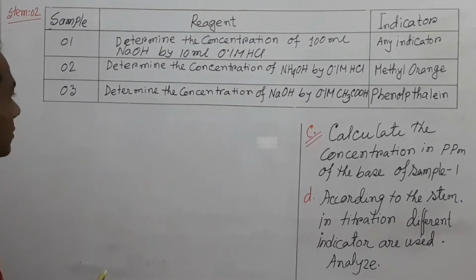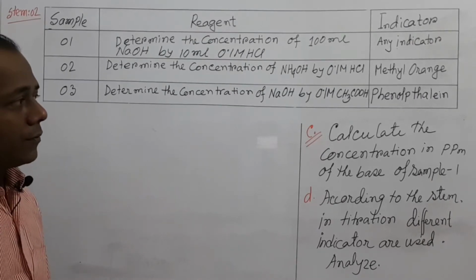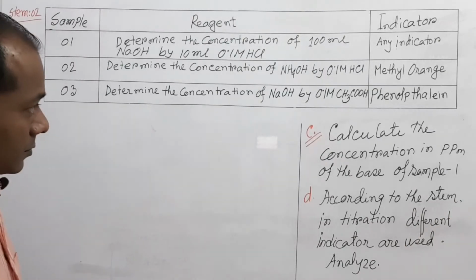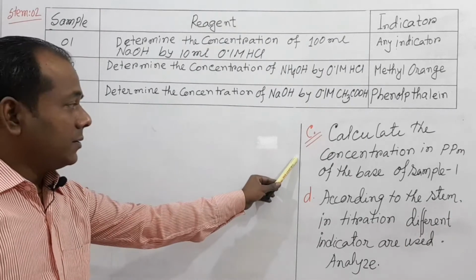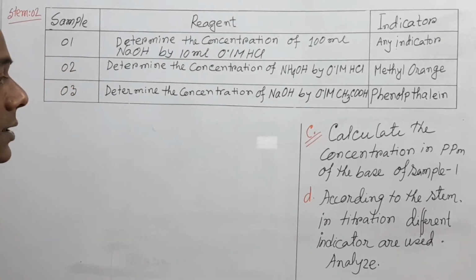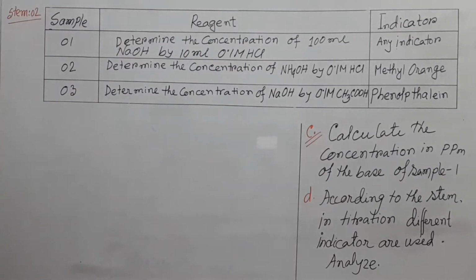And sample 3, determine the concentration of sodium hydroxide by 0.1 molar acetic acid. Here we use phenolphthalein indicator. Now question number C. Our first question, calculate the concentration in ppm by the base of sample 1.